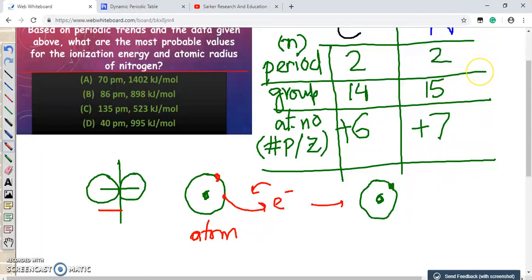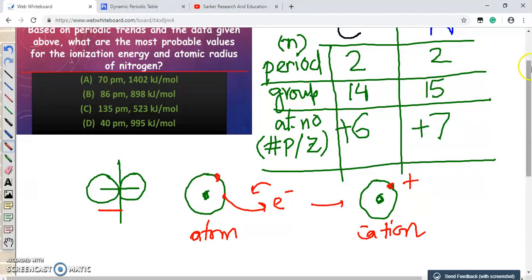This will be left with only 1 electron and it will lose one of its electrons, so it becomes positively charged or cation. So by providing ionization energy, we actually are converting an atom to its corresponding cation. This is the first ionization energy. This is the energy to take away the first electron from a neutral atom. Subsequently, if you provide more ionization energy, we will take away the other electrons from its ion.